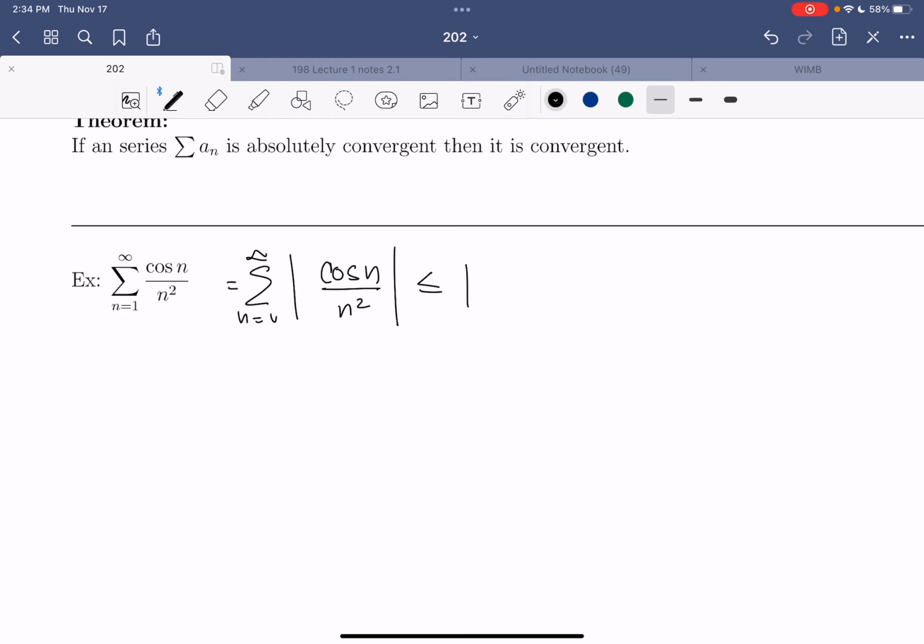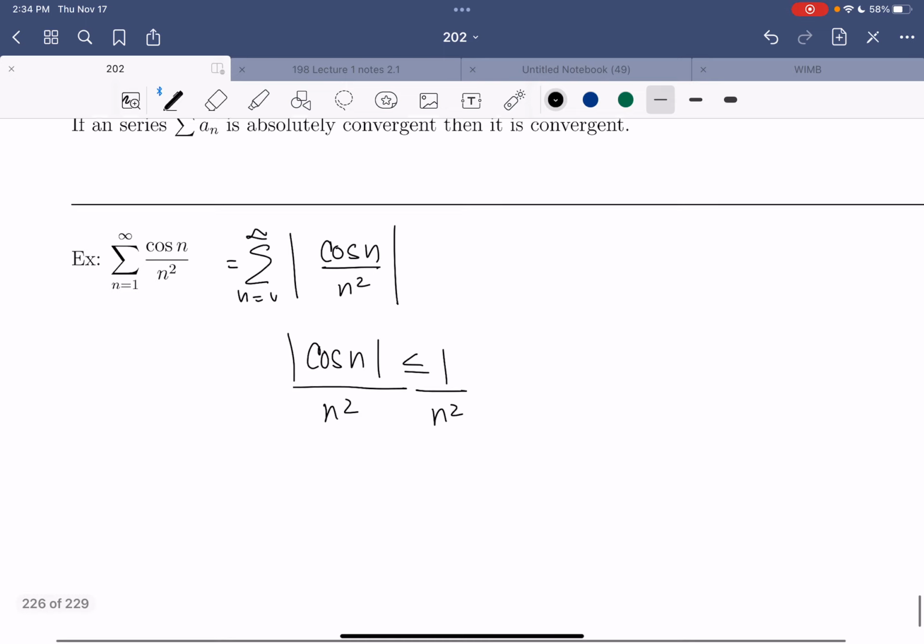Or at least not our series, but the cosine of n over n squared is less than or equal to 1. Scratch that. Let's say this correctly. Sorry, guys. The cosine of n here, the absolute value of that is always less than or equal to 1. So if I divide both sides by n squared, then this is true.